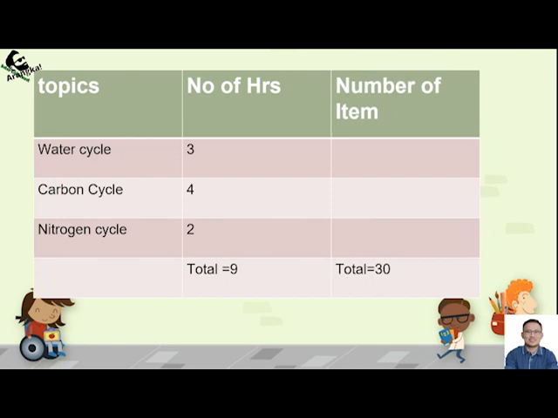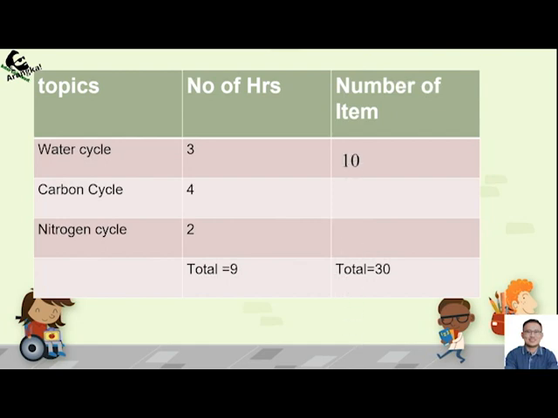So, for water cycle, if we have 3 hours in spending in class, in making it finish, we have a total number of hours which is 9 and total number of item which is 30. Right? So, okay, ready, go. 5, 4, 3, 2, 1. What's the answer? Please type your comment on the comment section below.